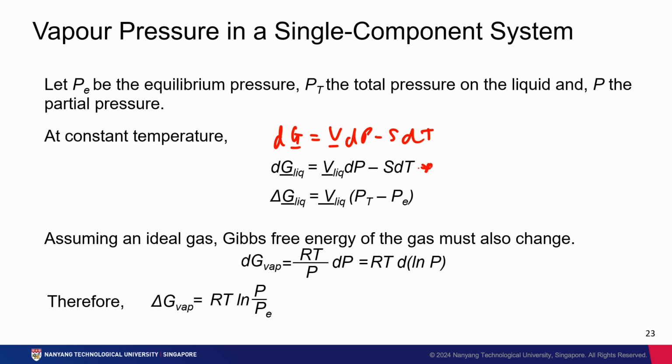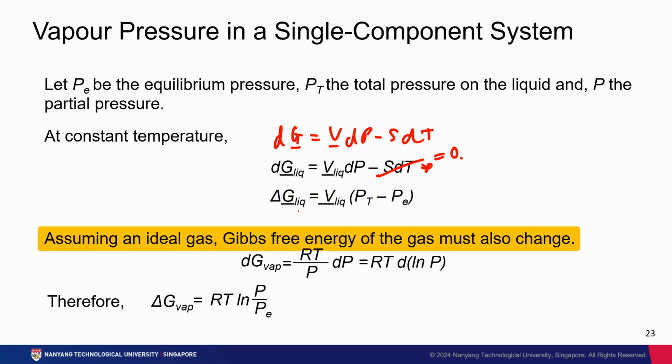And since we're holding it at a constant temperature, we can cancel off this term because dT is equal to 0. Hence, the total change in G liquid, which is delta G liquid, is equivalent to the molar volume of the liquid multiplied by the total pressure minus its equilibrium pressure.